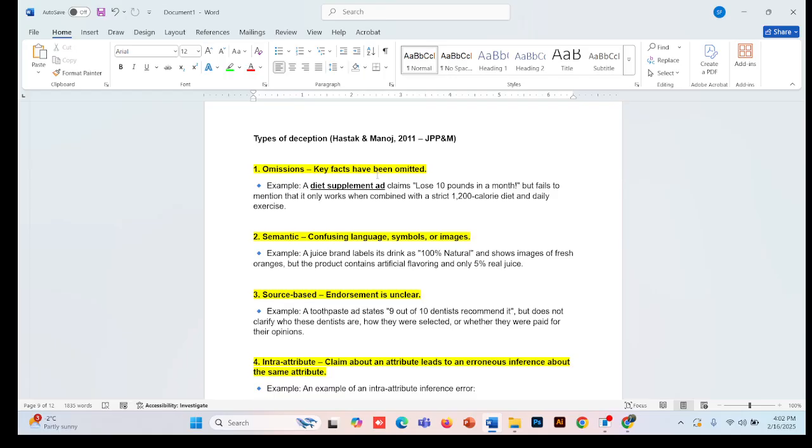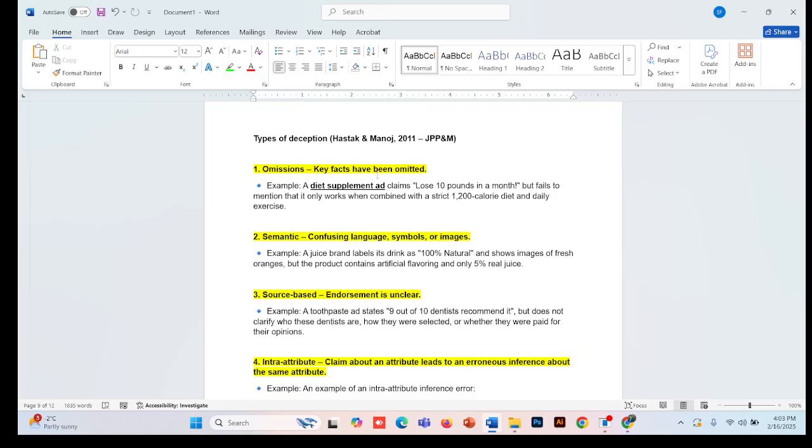But the advertisers intentionally miss this important information and they just promote their product, and that information of course helps consumers take decision.